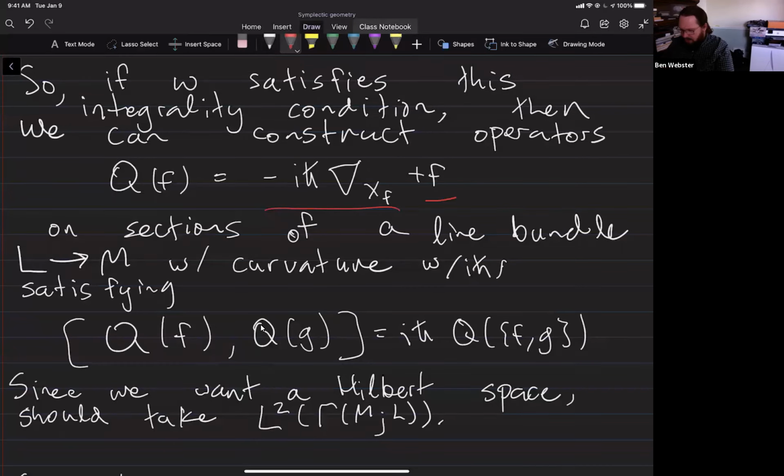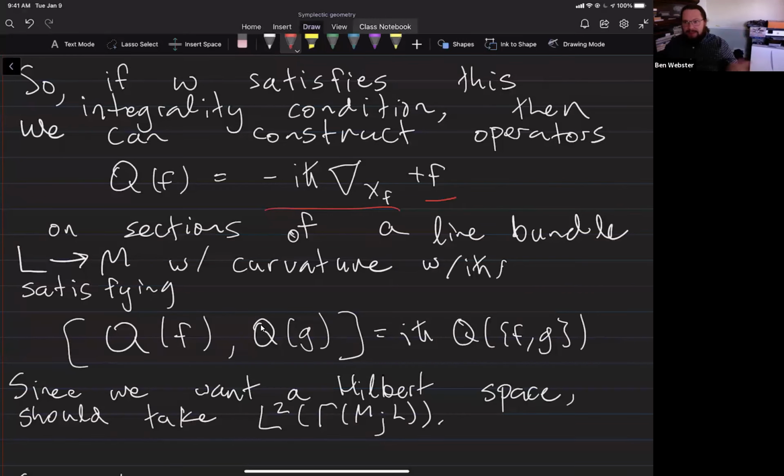And this sort of naturally acts on L2 sections of this line bundle. Because of the Hermitian property, there's a norm on sections given by the square of the complex norm of the section integrated over the manifold.